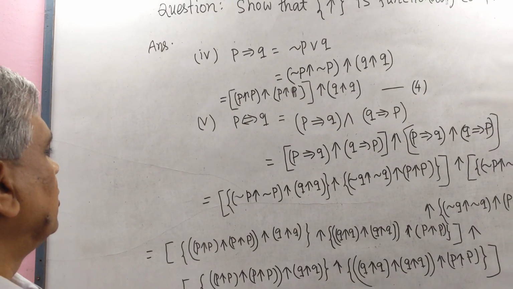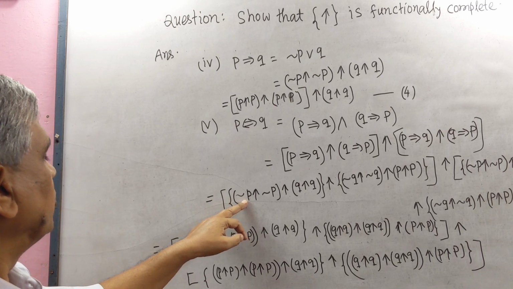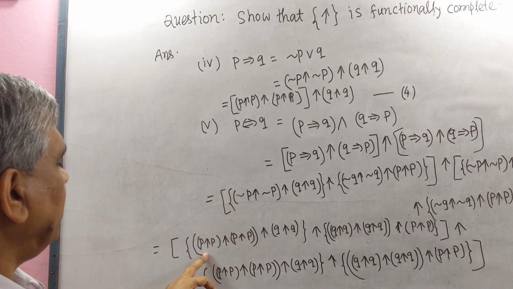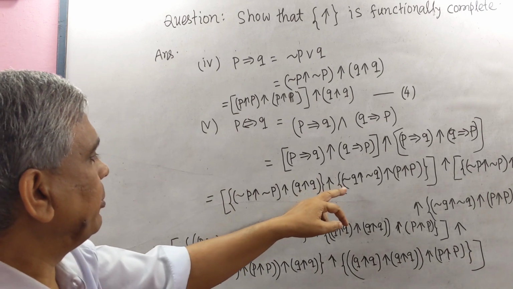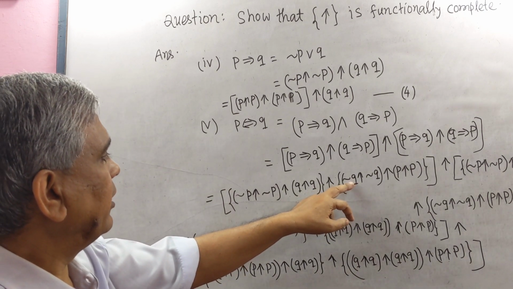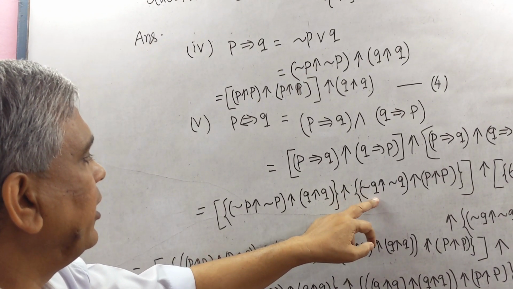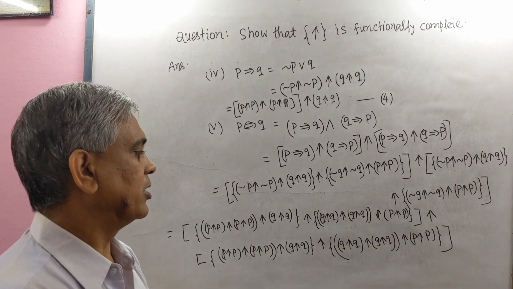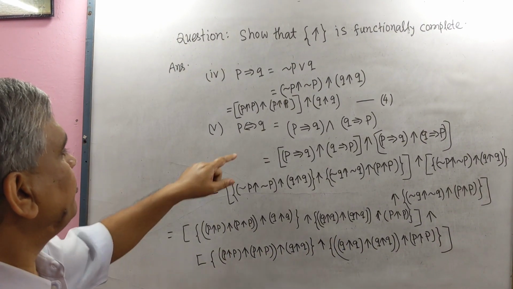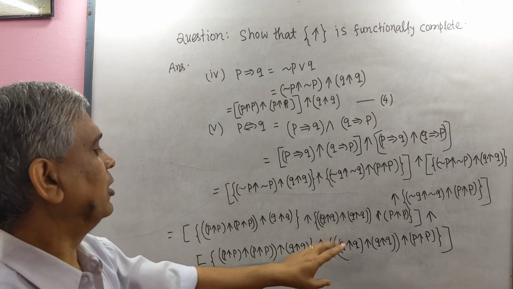So in place of negation we have used P NAND P, and in place of negation Q we have Q NAND Q, and we get the ultimate result. So therefore P double implication Q may be expressed in terms of NAND only.